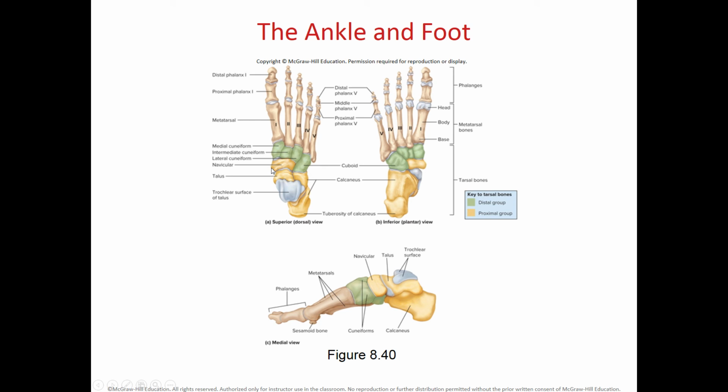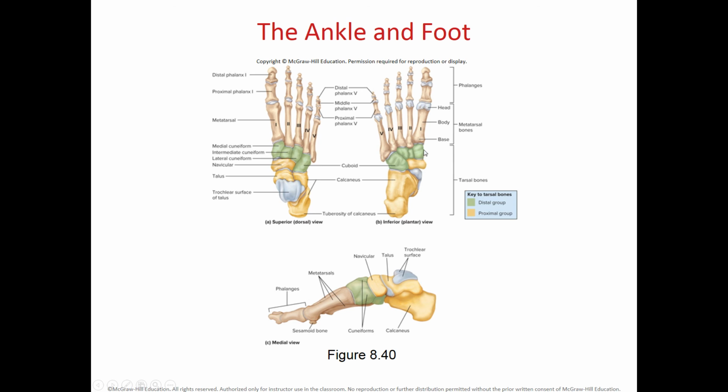Navicular means chip. And then you have the cuboid that connects the calcaneus in here, and then just distal to the navicular, you have the cuneiforms. So you have medial, intermediate, and lateral cuneiform, or first, second, and third cuneiforms.